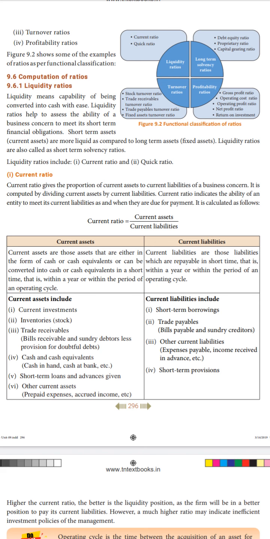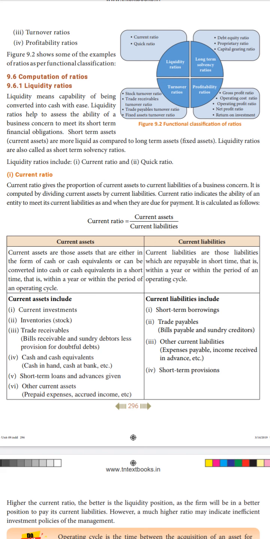One is current ratio, the other one is quick ratio. Current ratio is where current assets and current liabilities are compared, that is, the ratio is computed based on the proportion of the current assets and the current liabilities.